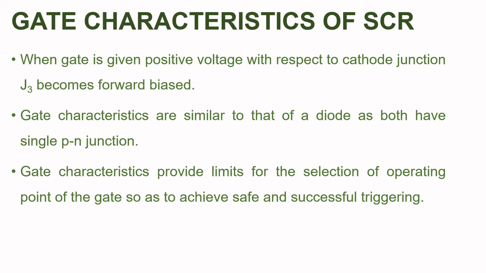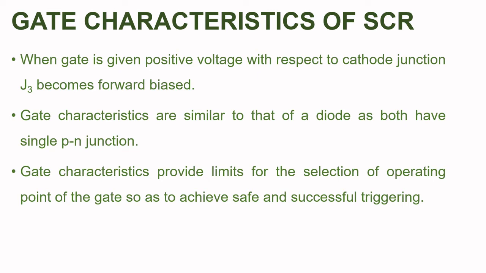So, the answer to the first question, what are the gate characteristics? We know that whenever we want to turn on the SCR, we have to maintain the gate at a voltage higher than that of the cathode so that the junction J3 becomes forward biased. As the junction J3 becomes forward biased, conduction will start from gate to cathode.